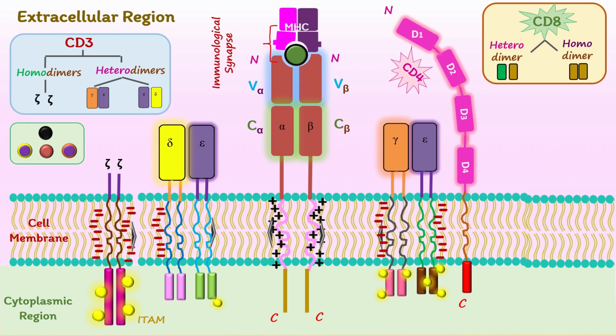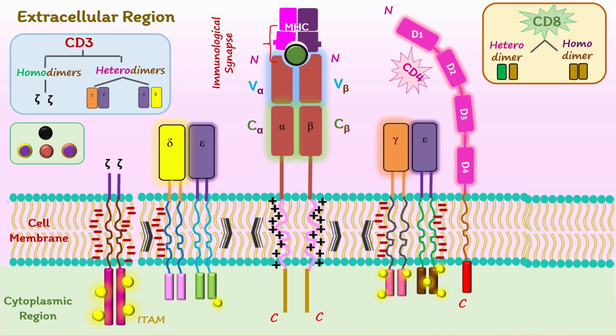In humans, it is composed of 2 identical chains, that is alpha and alpha, but the equivalent in the mouse has 2 different chains. These are alpha and beta. It is involved in interacting with MHC class I molecules. Because of their close association with the TCR, CD4 and CD8 are sometimes known as co-receptors.